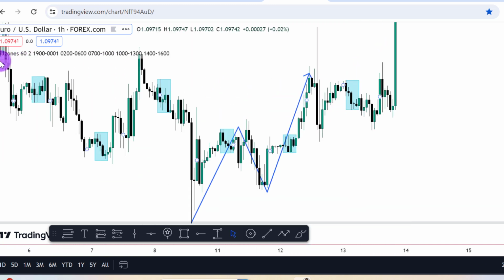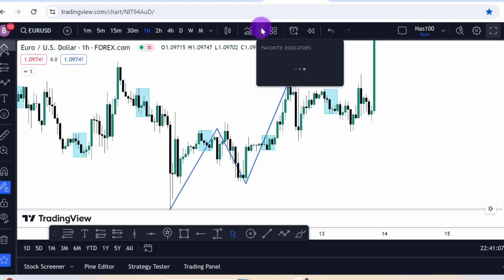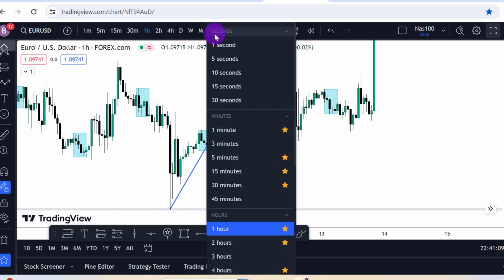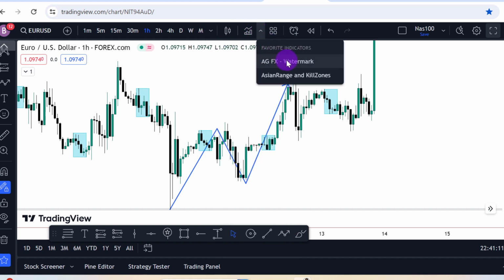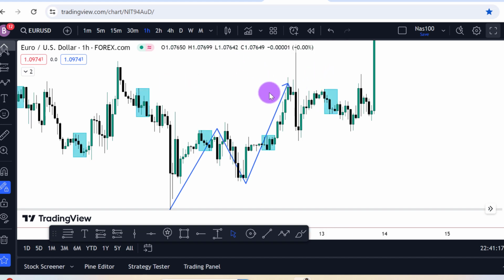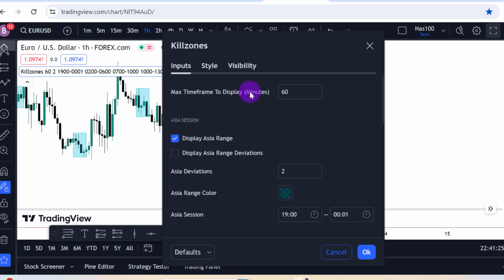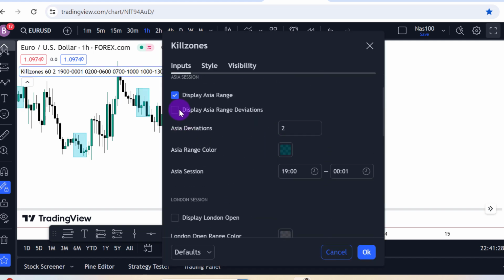It's simple. Just go to the indicator section of your TradingView, click here, and search Asian session range or Asian range and kill zone. Once you do that, the indicator is going to appear. Then go to settings, and in settings make sure you tick display Asian range.